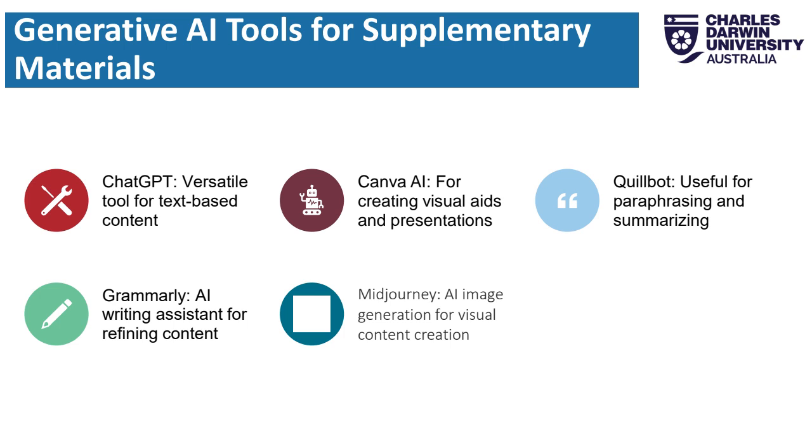Other tools that could be used when developing supplementary materials include ChatGPT, which is a versatile tool for text-based content, Canva AI for creating visual aids and presentations, Quillbot, which is useful for paraphrasing and summarizing, Grammarly, which is an AI writing assistant for refining content, and Midjourney, which is used to generate images for visual content creation.